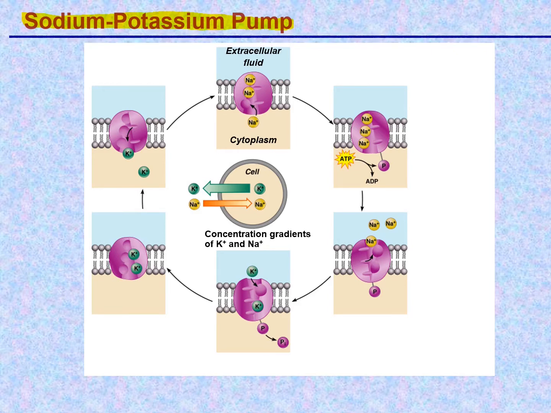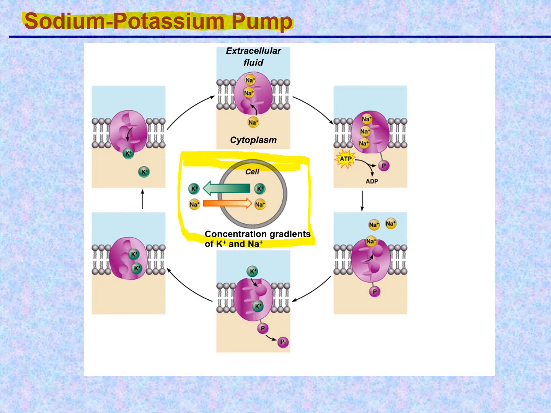Please don't get confused by this diagram in the middle here, which is showing the sodium moving in and the potassium moving out. The sodium-potassium pump pumps sodium out and potassium in.